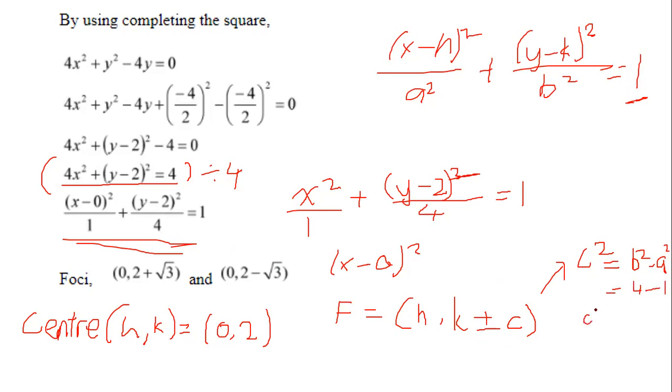So c squared equals to 3, and c equals to square root of 3. Okay, so now we find out that the foci are (0, 2 plus root 3) and (0, 2 minus root 3).